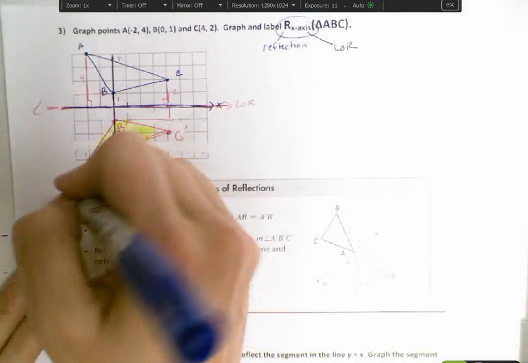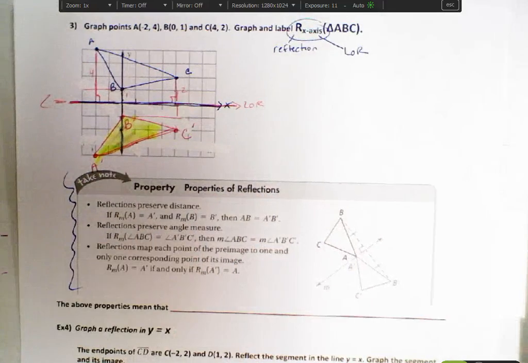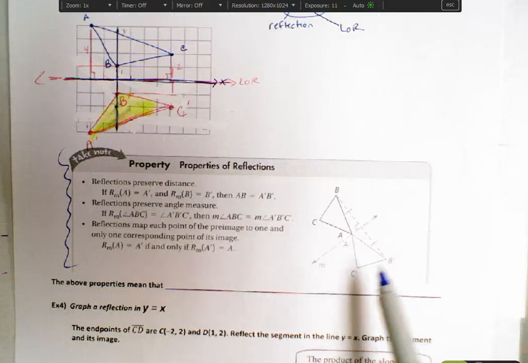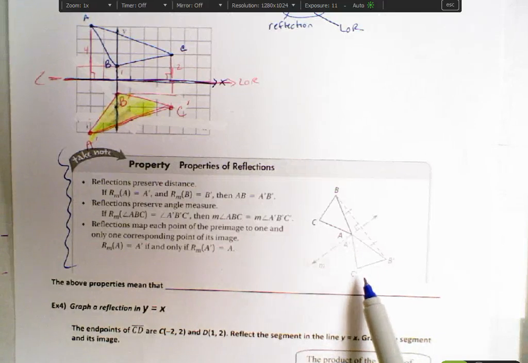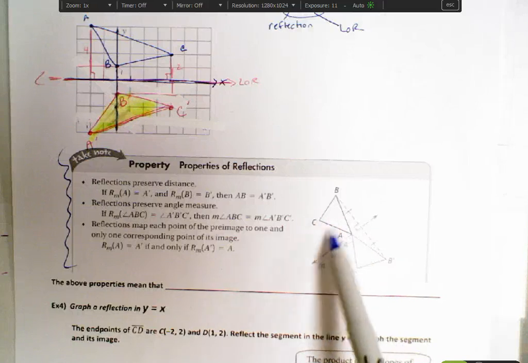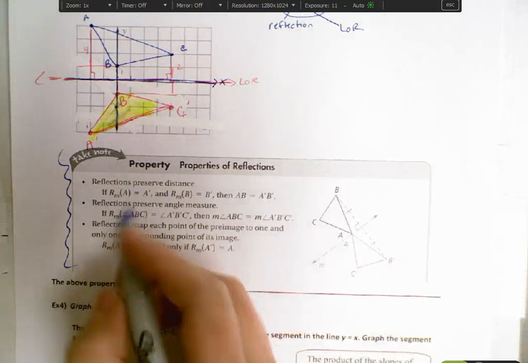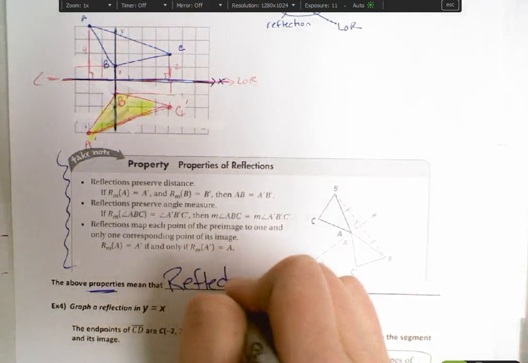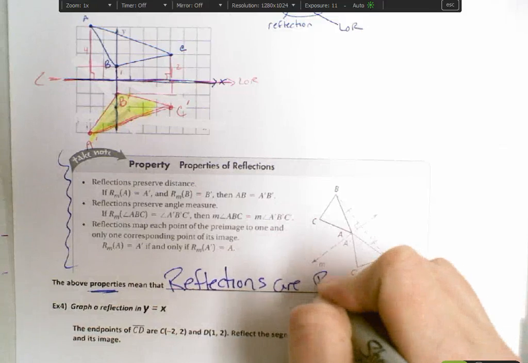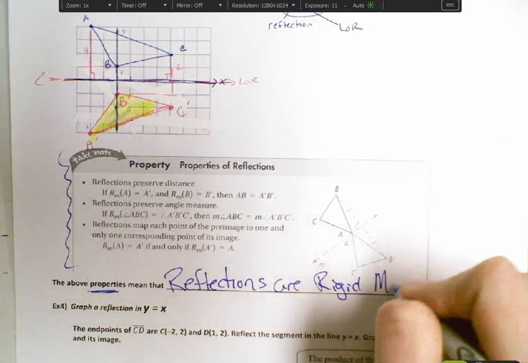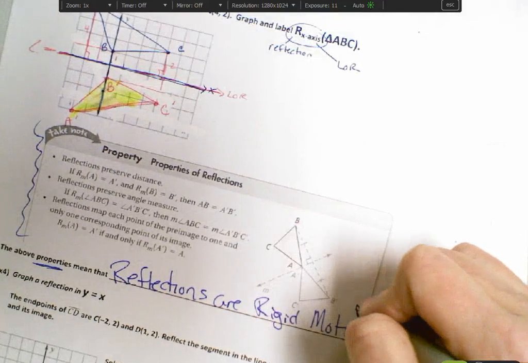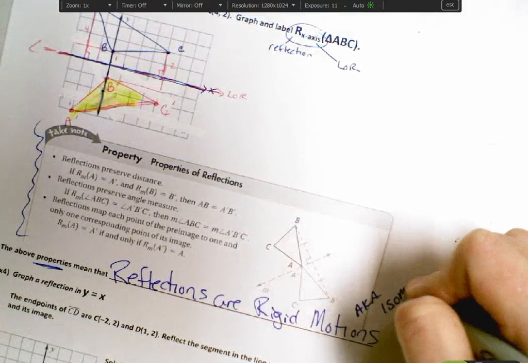So this is all the properties we talked about. The fact that if you reflect, you get the same distance, it preserves distance, it preserves angle measures, all that good stuff. Since no shape changes, I don't get bigger, I don't get smaller, I don't change my angles or any of that, I know that all these properties end up meaning that reflections are rigid motions, also known as isometries.